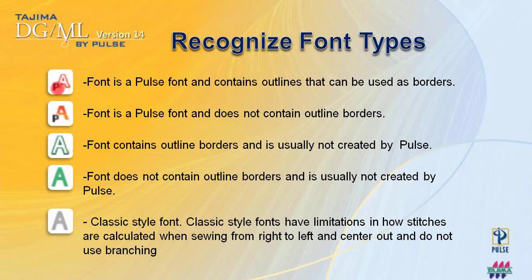You may have realized in version 14, when you use text segments, there is a new setting in properties which allows you to add a style border or a round stitch border around existing fonts. So if you are working or using a font that is marked like this here, then you can make use of such borders.